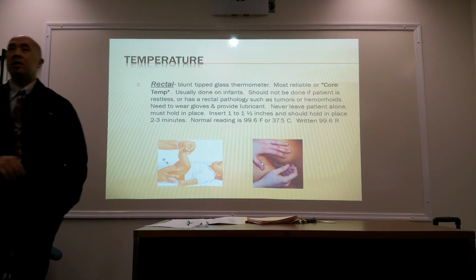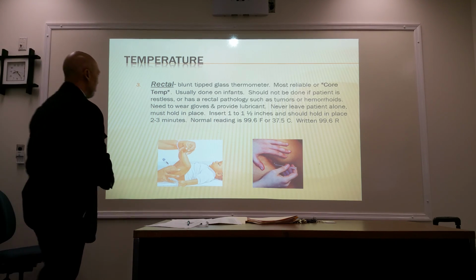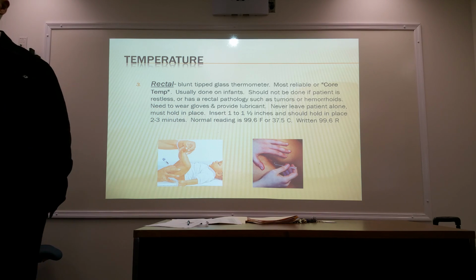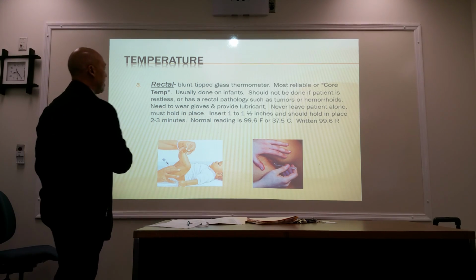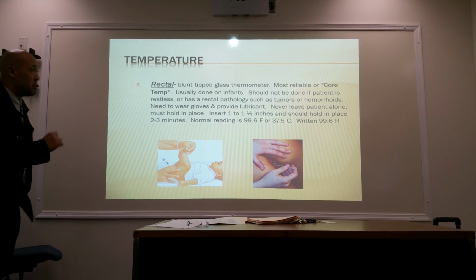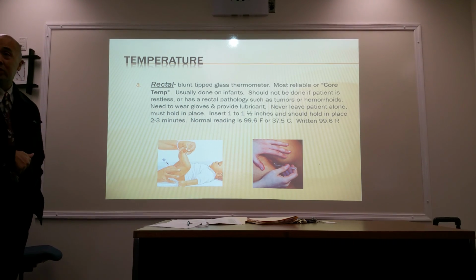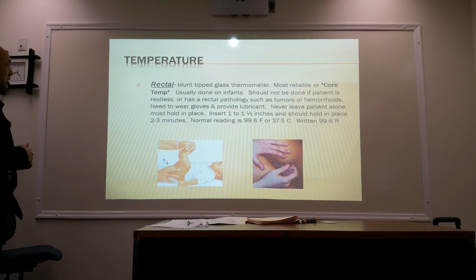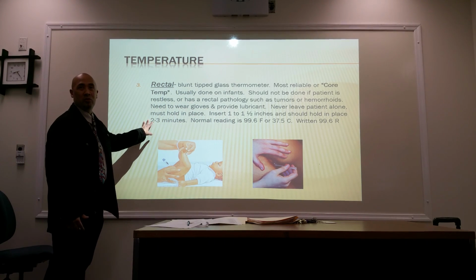All right, next one here is rectal. A blunt tip glass thermometer is the most reliable because it's very close to your core temperature. Usually done on infants. It should not be done if the patient is restless, because they can break the tip or cause internal damage, or if the patient has a rectal pathology such as a tumor or hemorrhoids. Obviously, you want to wear gloves when you're doing this.